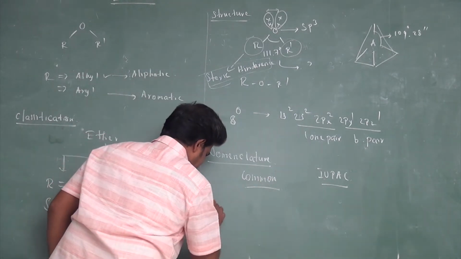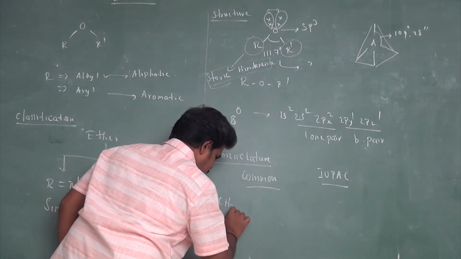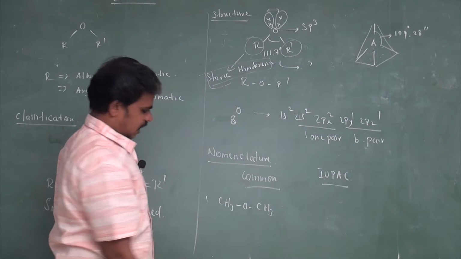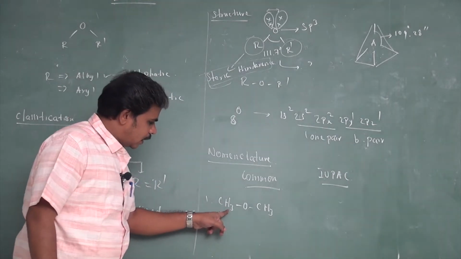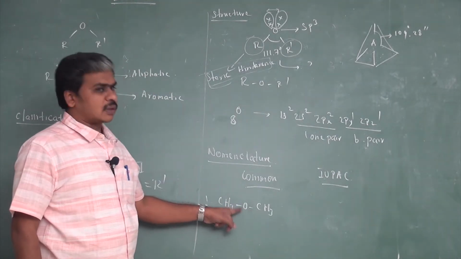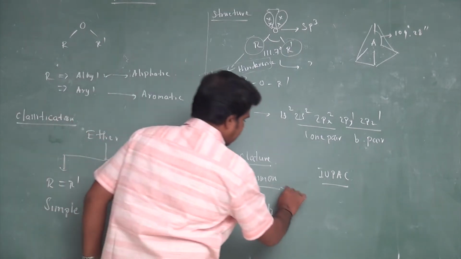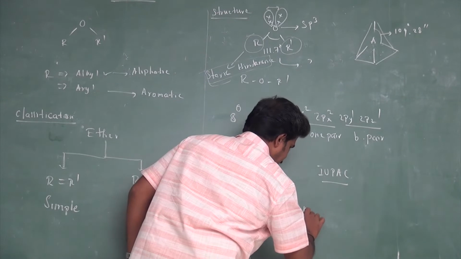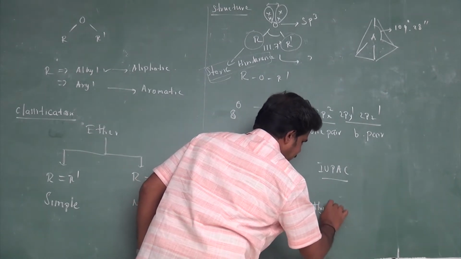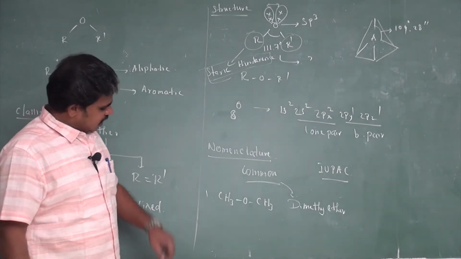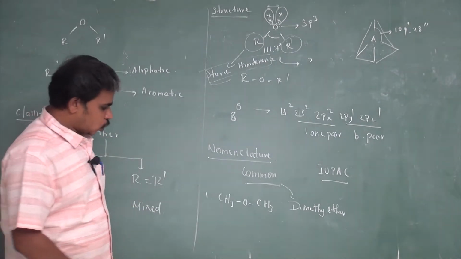If we take the first example, CH3-O-CH3, what is the common name? It is methyl and methyl ether, so dimethyl ether.